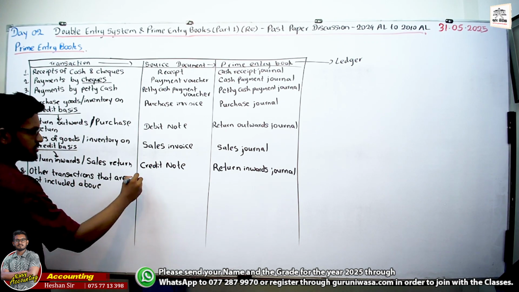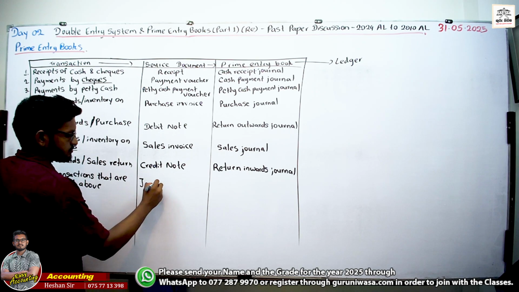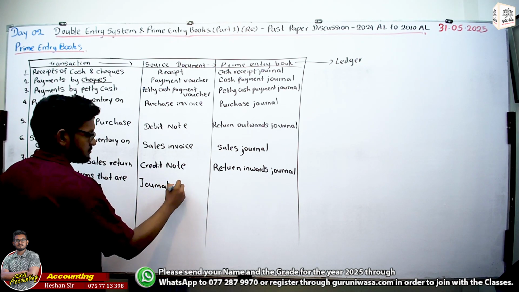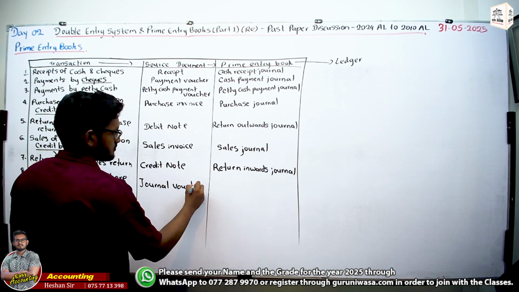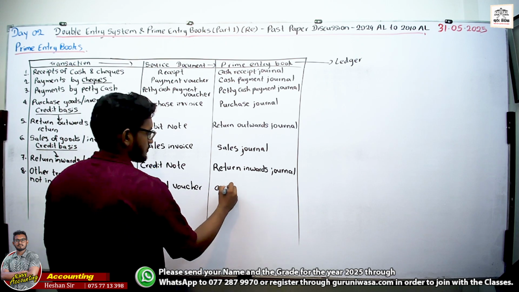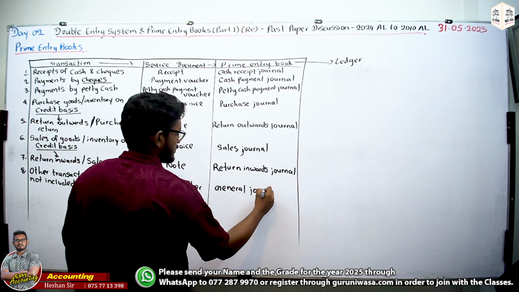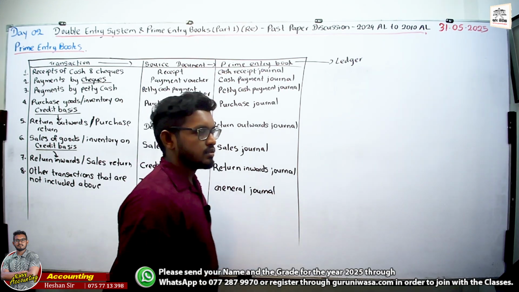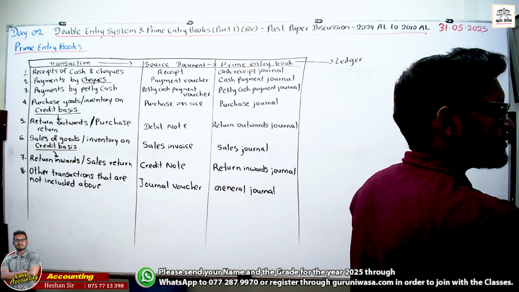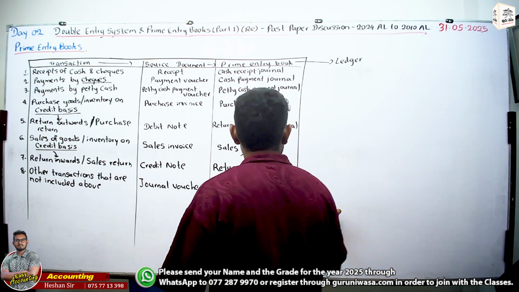Journal voucher, and general journal. It's like this. Look here. Not finished yet. Right?